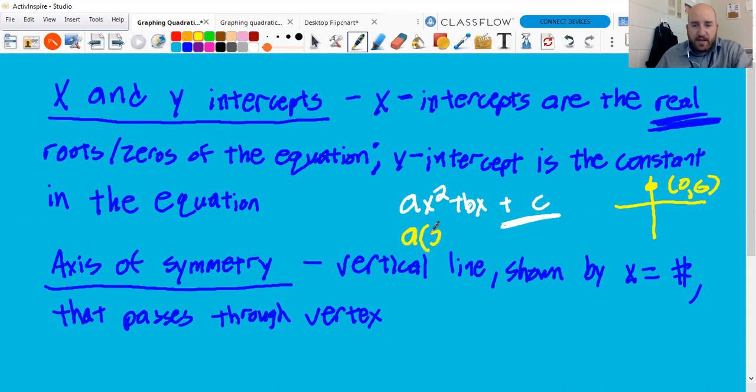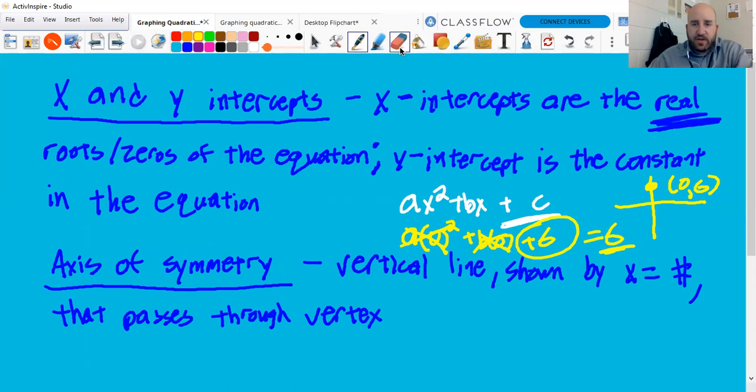A times 0 squared, it doesn't matter what a is. 0 squared is 0. 0 times a is 0. So that cancels out. Plus b times 0. Again, b times 0 cancels out. Plus 6. So x is 0. That's what I plugged in. Y is 6. So that's my y-intercept.